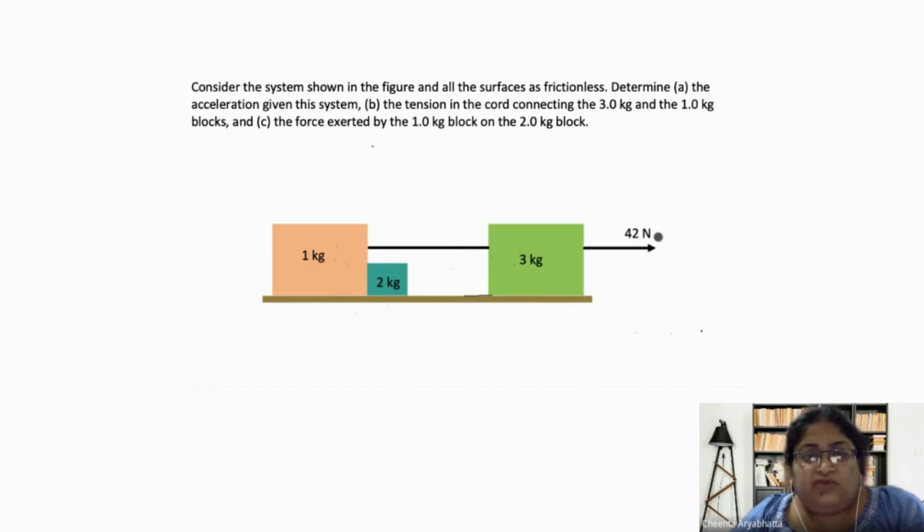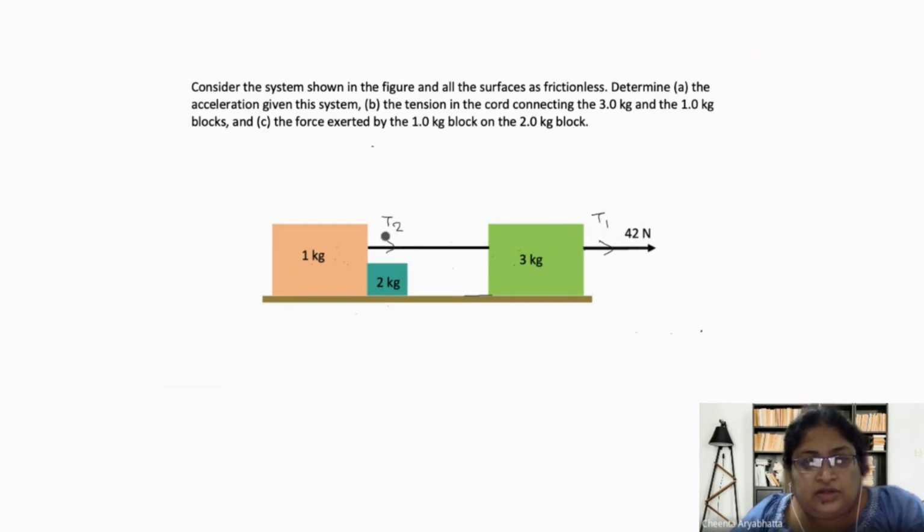Now, when we are pulling this string with 42 newton force, we are stretching the string, right? So this will create tension force inside the string. Let's call this T1. And then this 3 kg in turn is pulling 1 kg with some force, but it won't be equal to 42 newtons. The force will have a different magnitude. Since it is a different string, it will have a different tension T2.